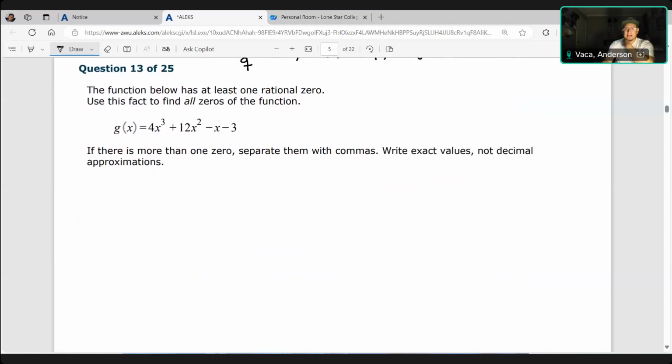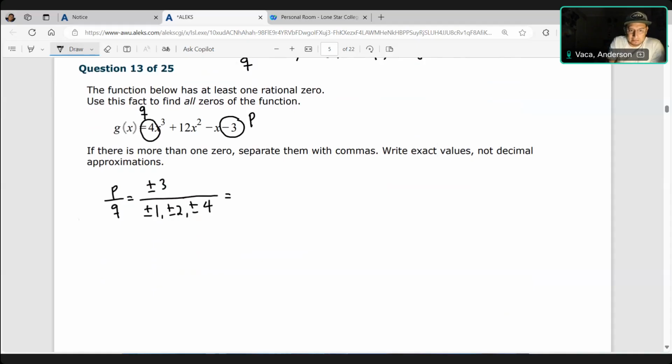The function below has at least one rational zero. Use this fact to find all zeros of the function. Oh no. This will be P. This will be Q. Okay, so we need to find the list P over Q, which will be plus or minus 3, plus or minus 1, plus or minus 2, plus or minus 4.